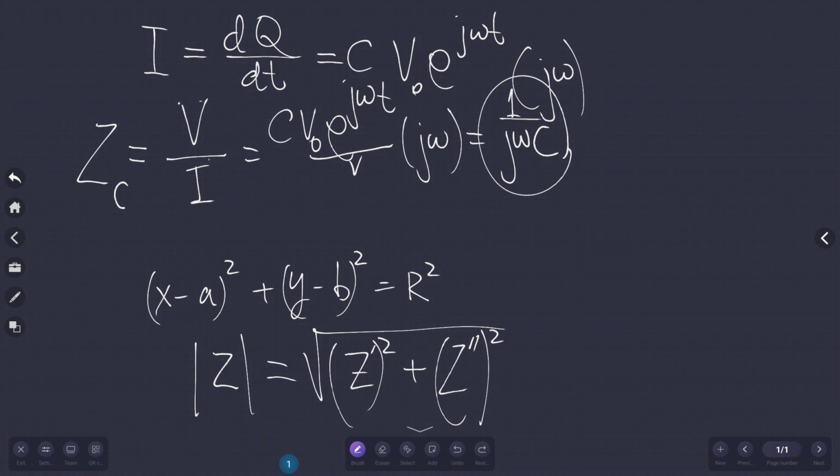So basically take the real part squared, add it to the imaginary part squared, take the square root, and that defines the quantity called the modulus of the impedance.